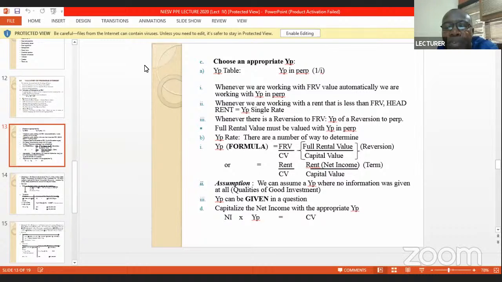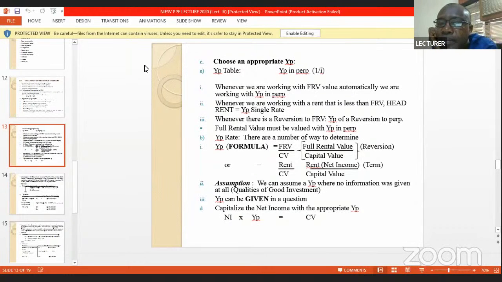For the YP rate, there are a number of ways you can determine the YP rate. The YP rate can be determined by using the YP formula.